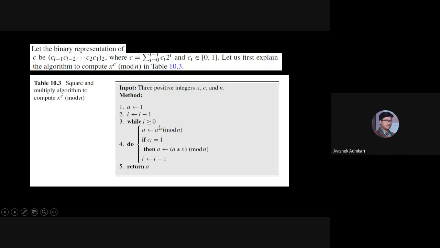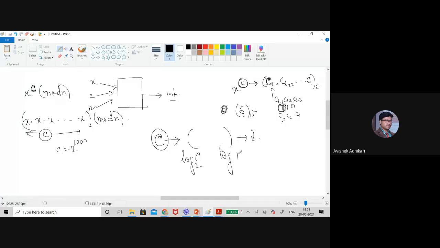In every execution, one multiplication is there, and here also another multiplication is there, with modulo n. Your x is given, and the a term cannot go out of n because a is always less than n. So this multiplication will be log n base 2 into log a base 2.